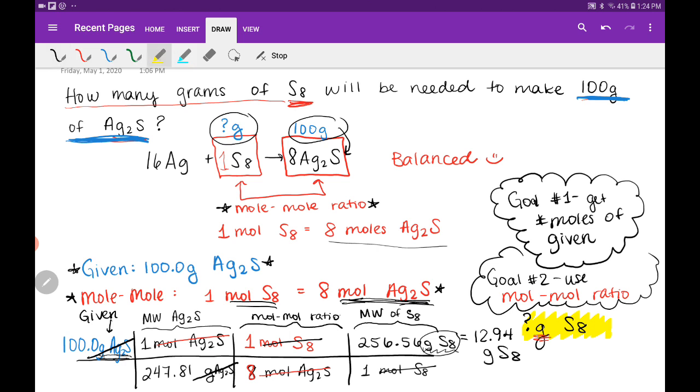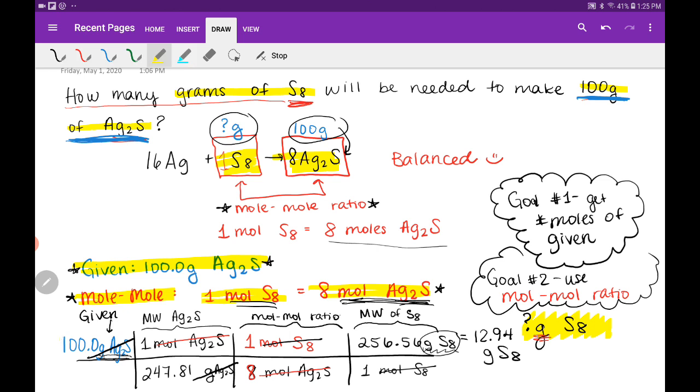And the pattern that we used: in this problem, we wanted grams of S8 when we were given grams of Ag2S. Our first step was we wrote out the given from the problem, and we figured out the mole-mole ratio. And that mole-mole ratio is from the balanced chemical equation. 1 mole of S8 is 8 moles of Ag2S.